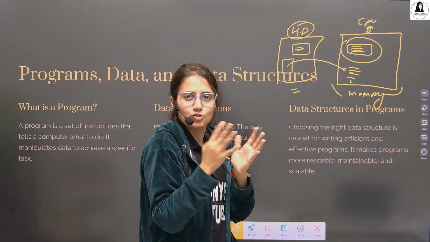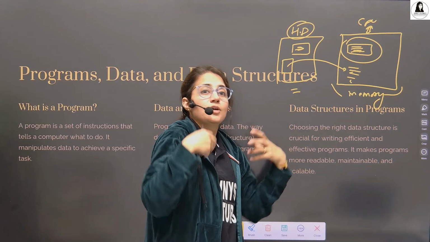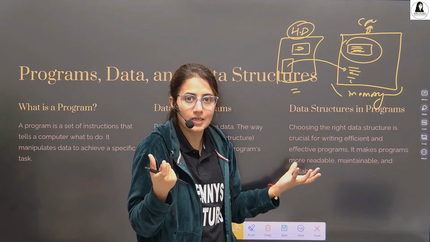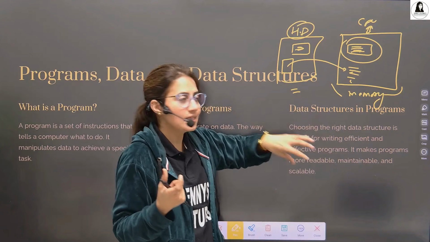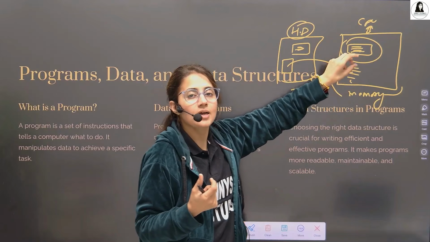Because there are so many things: we have databases, we have data warehouses, we have data structures, and there we use this term data. Data structure is basically the organization of the data in main memory.